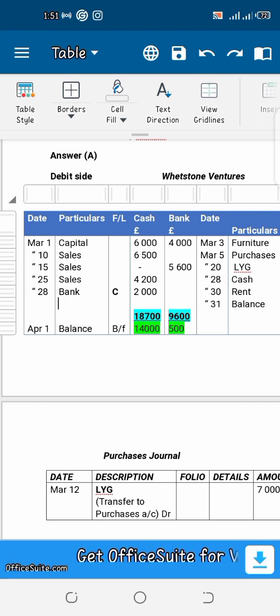So sales on the 10th of March, 6,500, on the 15th, 5,600 in the bank column, and on the 25th, 4,200 in the cash column, which indicates that in some cases, physical cash was given, and in other cases, it was paid into the bank or a check was involved.